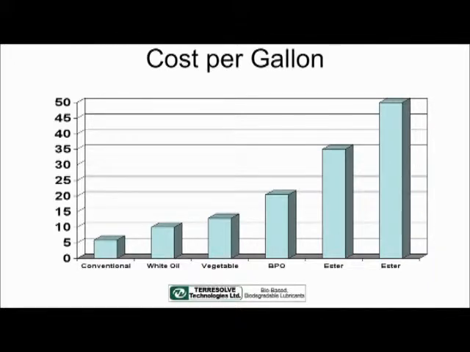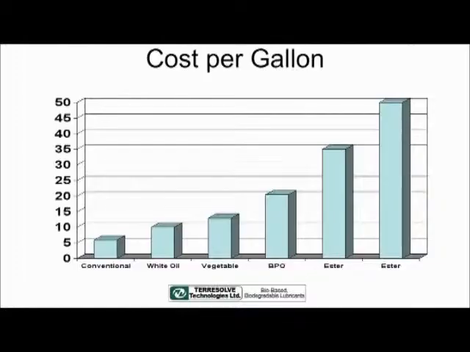All the way on your far left are conventional petroleum oils. Now before we go into costs, I'm sorry, there's been tremendous fluctuation in the cost of hydraulic fluids and petroleum oils. My numbers may be a little bit out of date, but you can see the same relative costing, where a conventional petroleum oil runs between $5 and $6 per gallon.